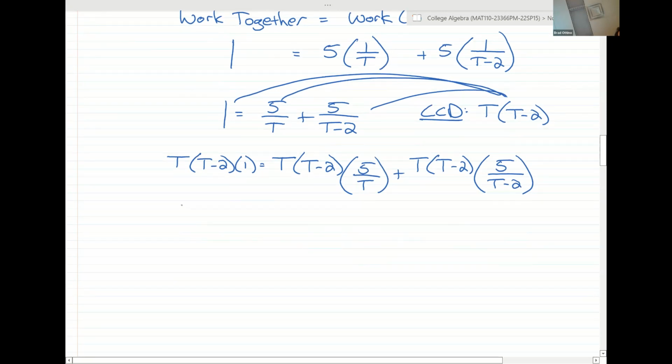Let's multiply. This would just be t squared minus 2t is equal to, the t's cancel, 5 times t minus 2, plus the t minus 2's cancel, 5 times t.